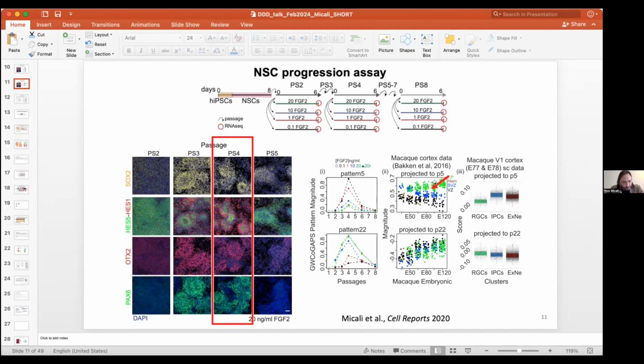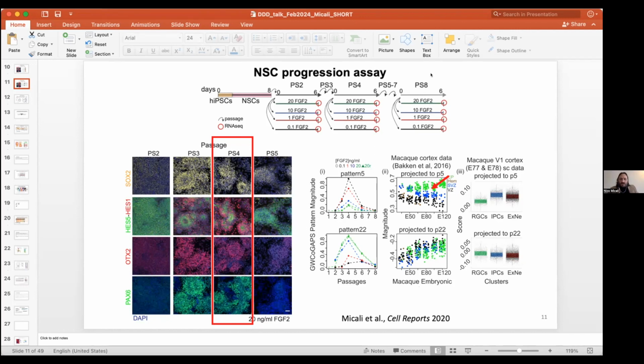When you keep it for 8 passages and compare it with the 0.1, I assume you would see a significant difference in the expression of genes associated with neuroprogenitor cells compared to forebrain neurons. So you would see less expression of the forebrain neuron genes in the 20 microgram. Is that correct, or not necessarily?